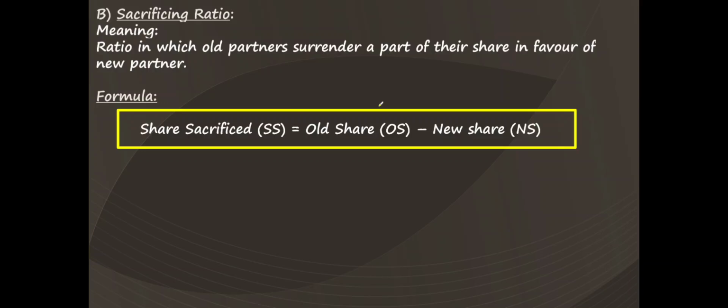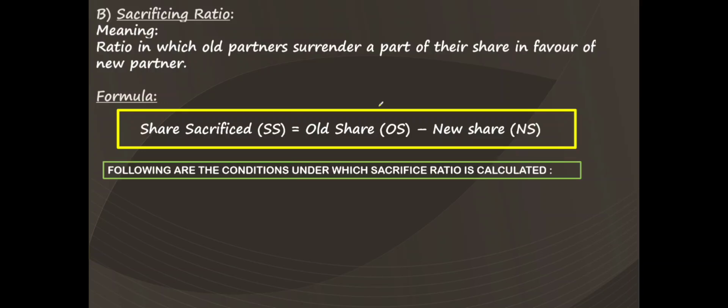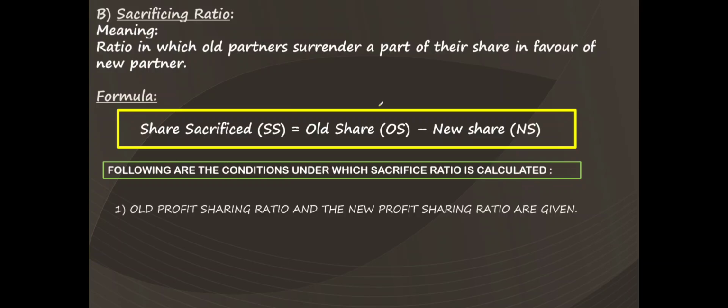This sacrifice ratio again will be calculated based on certain conditions. So what are the conditions on which the sacrifice ratio can be calculated? The following are the conditions under which the sacrifice ratio is calculated. First, when old profit sharing ratio and the new profit sharing ratio are given, we are going to see how to calculate the sacrifice ratio.